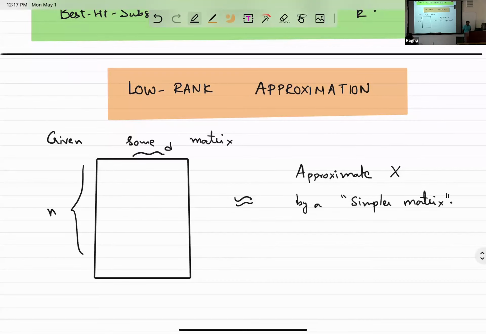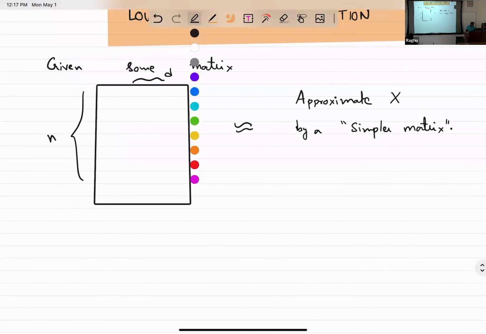What do we have to decide? Two things. If you're asking such a question, what's the first thing we need to decide? Well, we need to formulate what simple means. It's our choice. If you are the person trying to figure out the right model, you should ask yourself, what notion of simplicity would suit my application, make sense statistically, and also be something I can solve computationally.